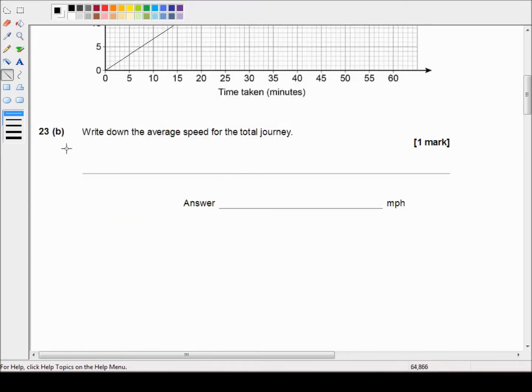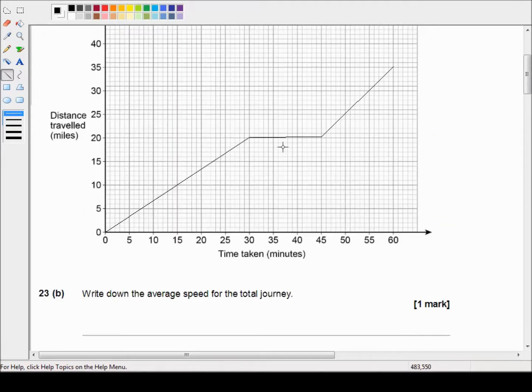Okay, and part 23b says, write down the average speed for the total journey. Well, the average speed of the total journey would be the same as if we'd drawn a diagonal line from 0, 0 to 60, 35. So she's gone up the y-axis 35 miles, and she's travelled for 60 minutes.